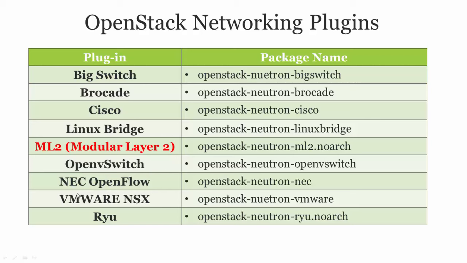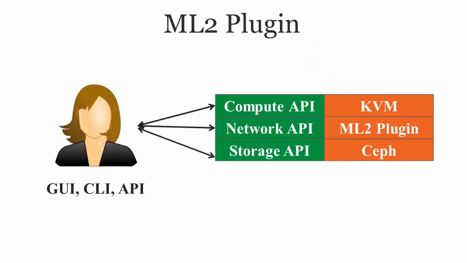But even if there are many kinds of Neutron plugins, this one, Modular Layer 2, is the standard of these networking plugins. So, the Modular Layer 2 plugin. In case of the compute, the Nova service API, we normally are using the standard KVM. For the storage API, we are using Ceph as the standard, and the networking API is this one.